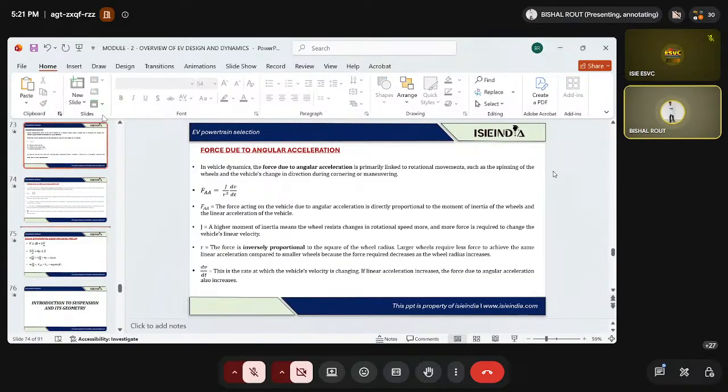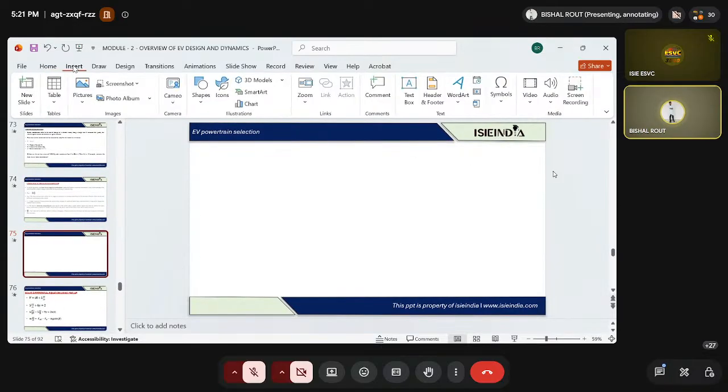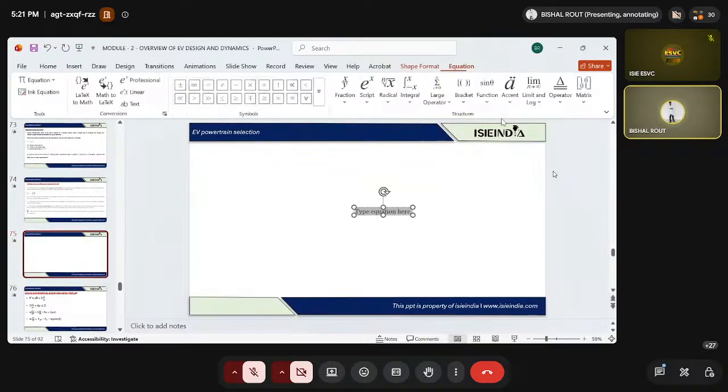If I solve the whole equation, it will look like this. I don't have a pen, so I'm going to write it there. Force due to tractive effort is calculated as the aerodynamic drag force plus the other forces. What is the aerodynamic drag force?